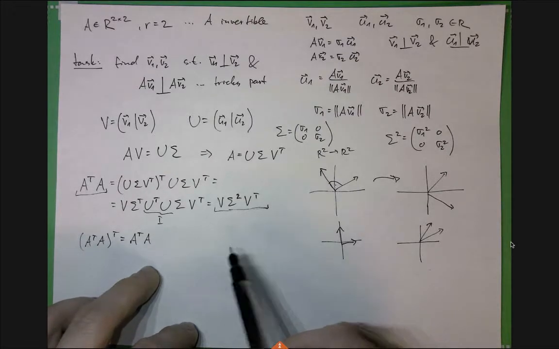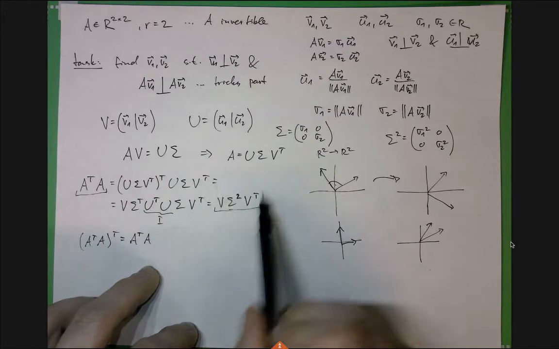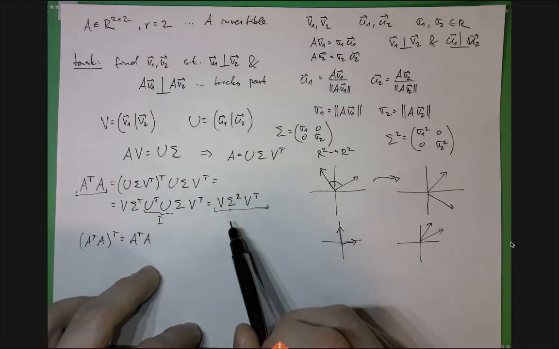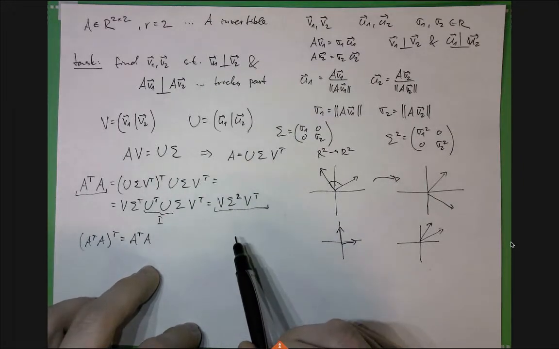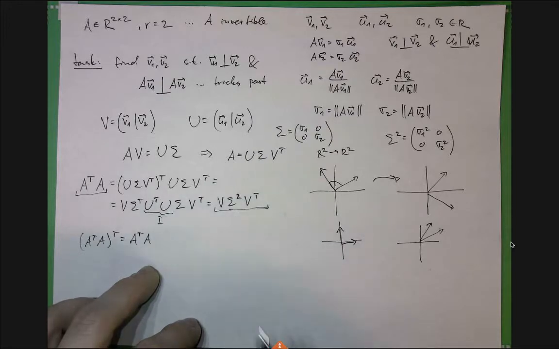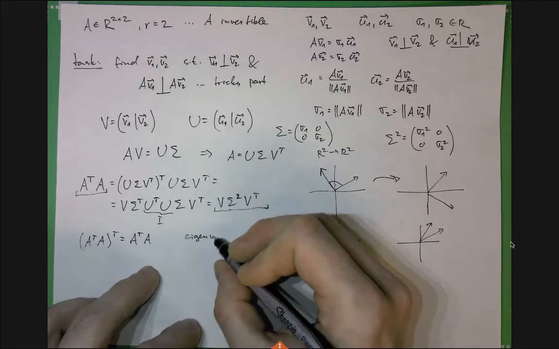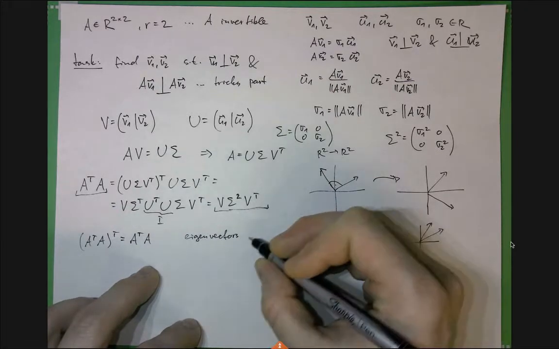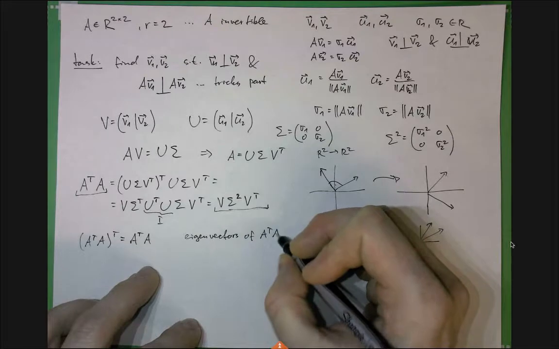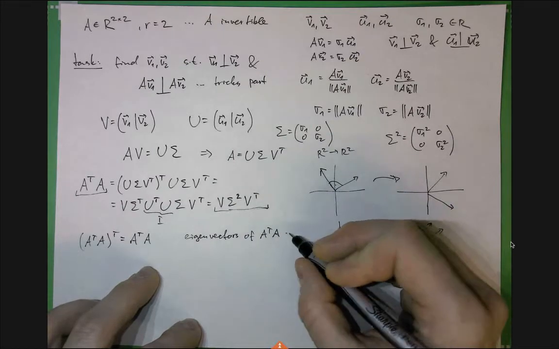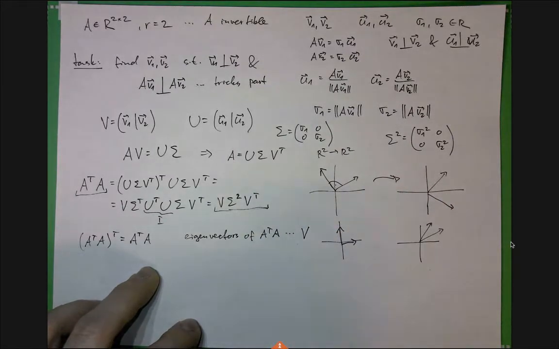Isn't that cool? So I can find this decomposition exactly using eigendecomposition. In other words, eigenvectors of AᵀA give me V.